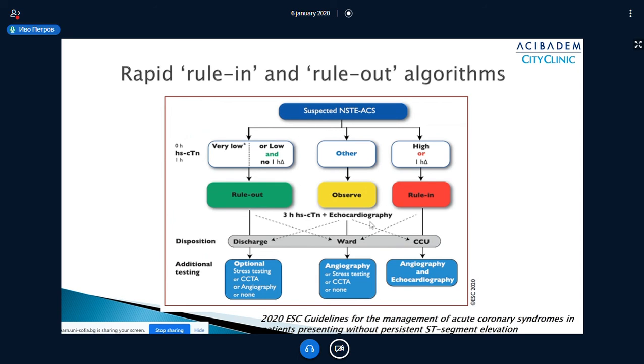In case there are no ECG changes, no high troponin, no echocardiographic changes, this is a low risk patient. He is for observation several days. In case everything is fine during these several days, he is for discharge and additional investigations, as mentioned in the previous lecture, like stress test, stress scintigraphy, stress MRI. So this is the triage of the risk groups.